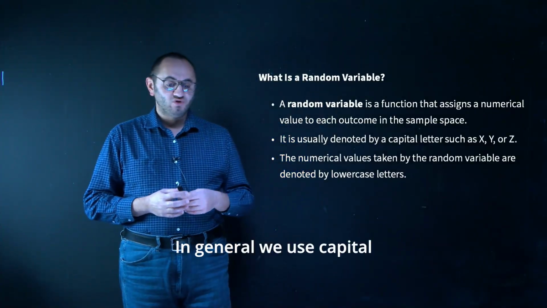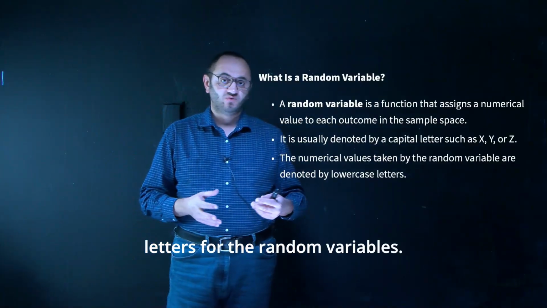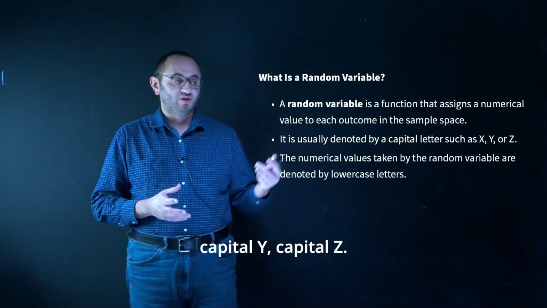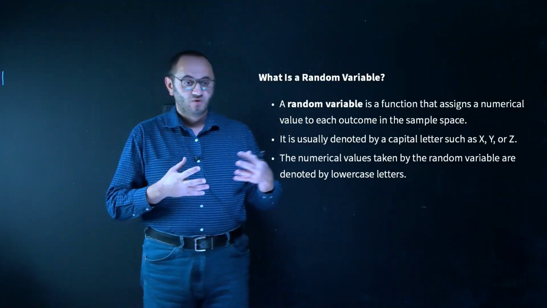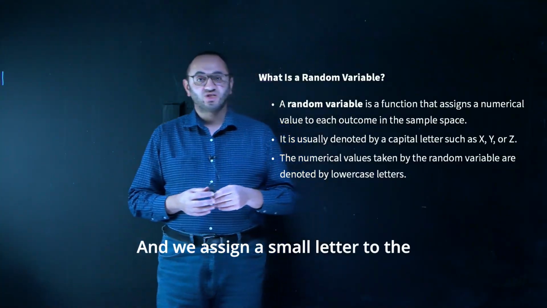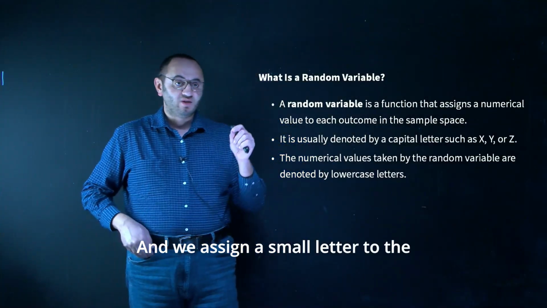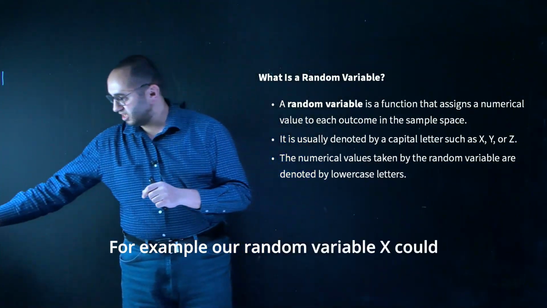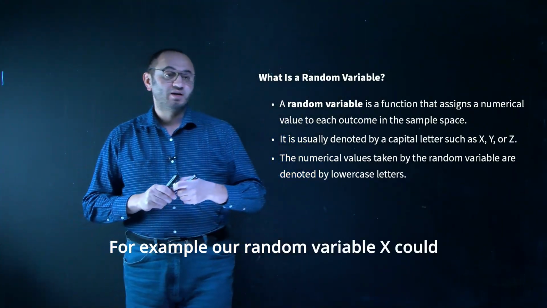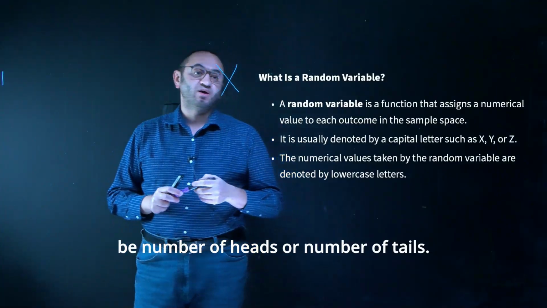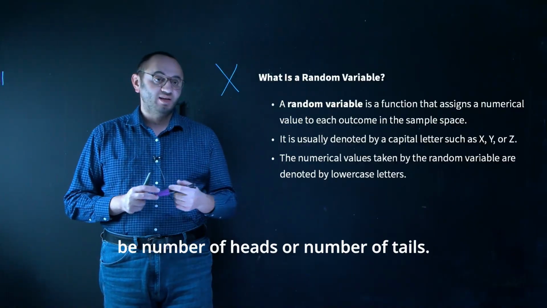In general, we use capital letters for the random variables. For example, capital X, capital Y, capital Z. Those capital letters denote the random variable. And we assign a small letter to the specific values of the random variable. For example, our random variable X could be number of heads or number of tails.